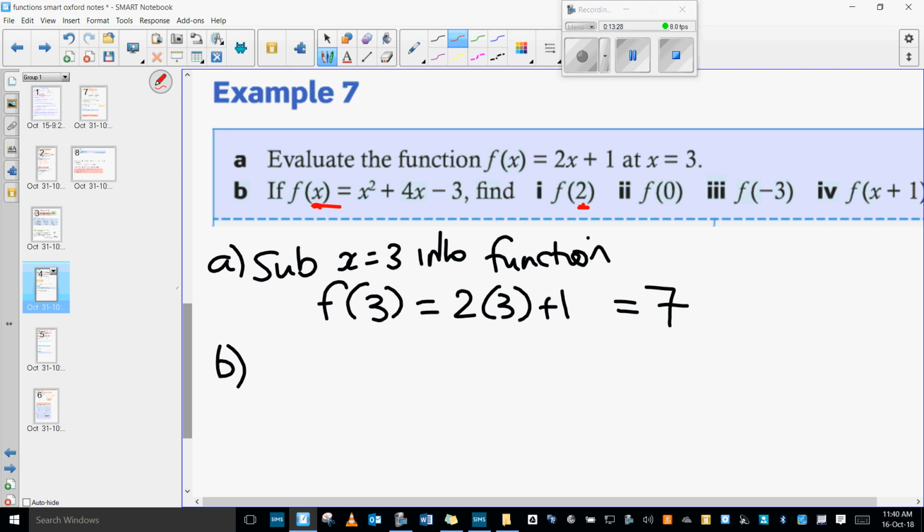So that's a good way of thinking about it: wherever you would have seen this letter, you're now going to write this number. So f(2) is going to be 2 squared plus 4 lots of 2 minus 3.